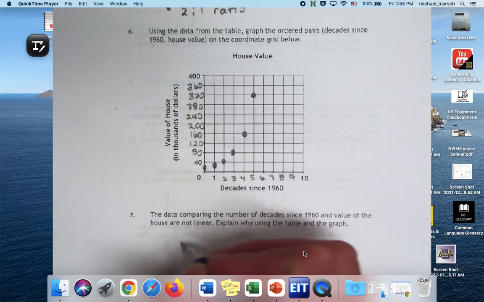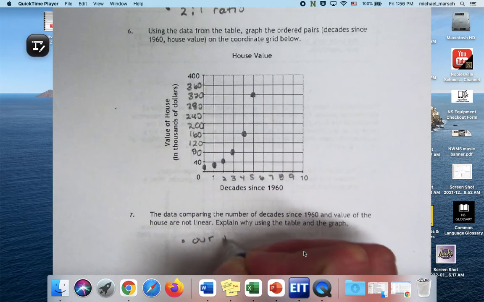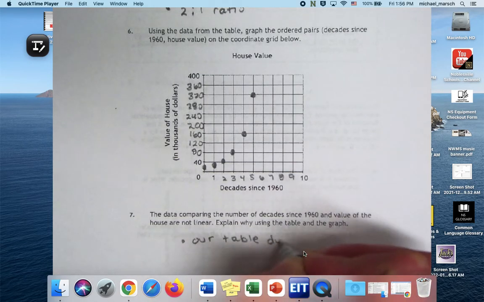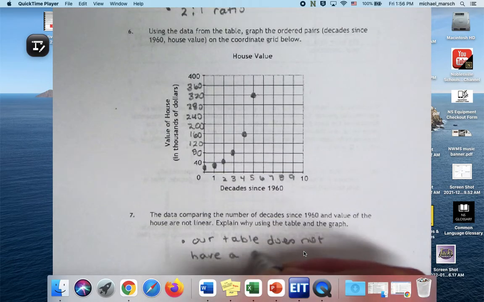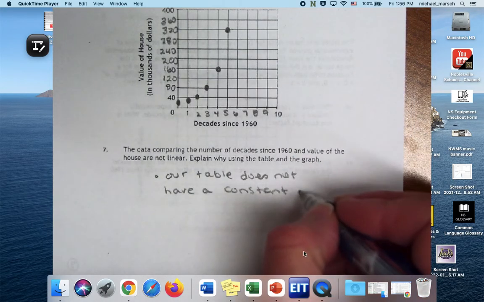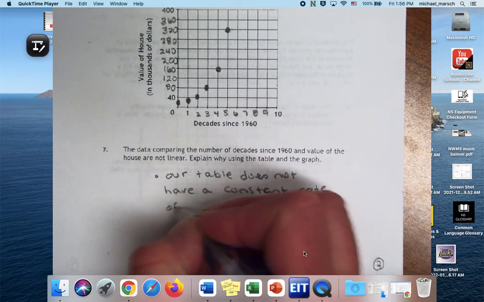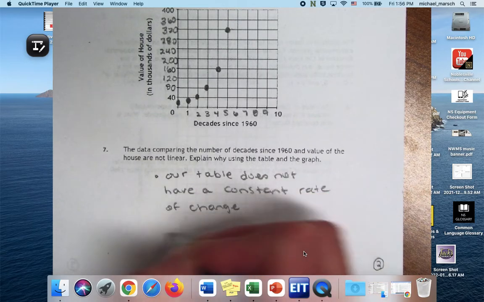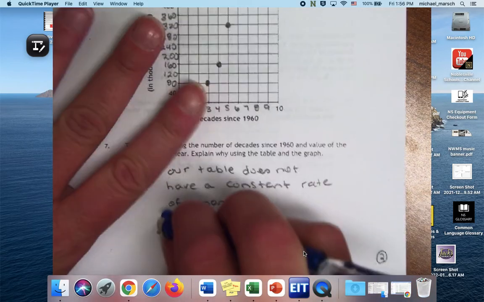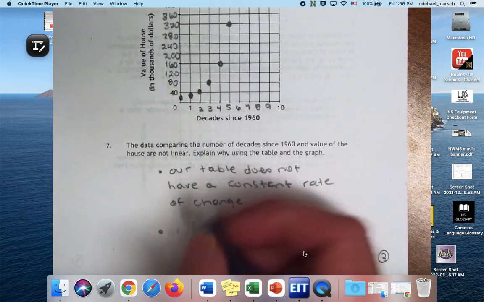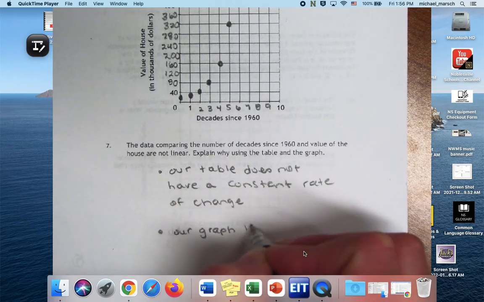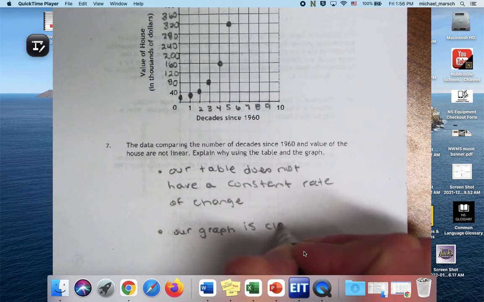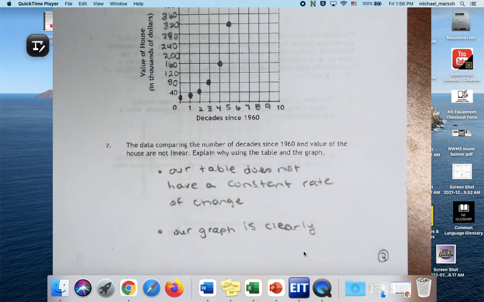So our table does not have a constant rate of change. Our graph is clearly not a straight line.